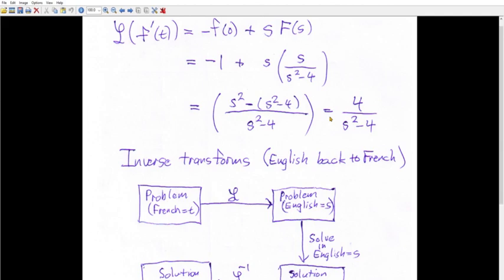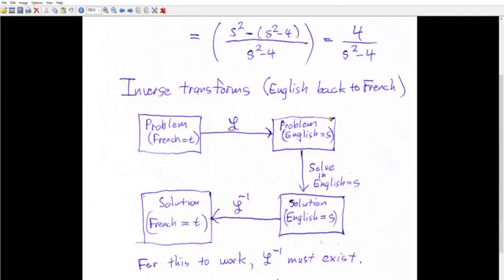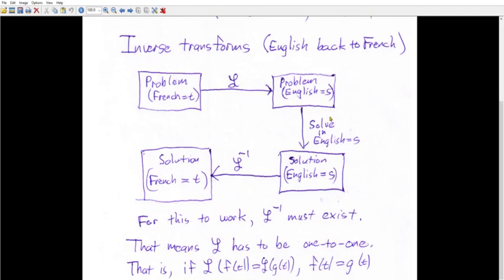Now, if you remember, the process that we were talking about was to take a problem, in the example in French, which is T language, translate it into English, which is S language, solve it in English, and then translate it back to French, which is T language.